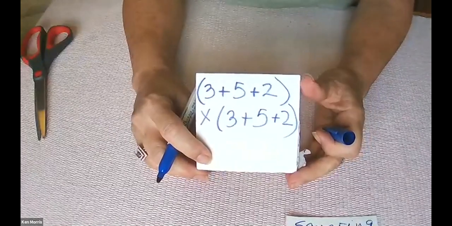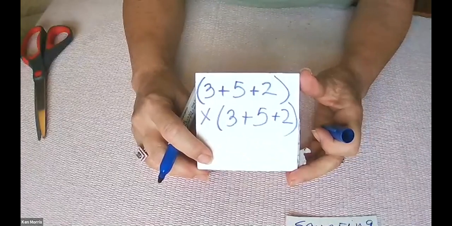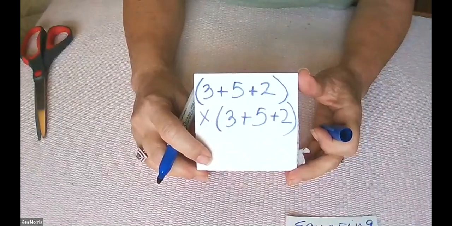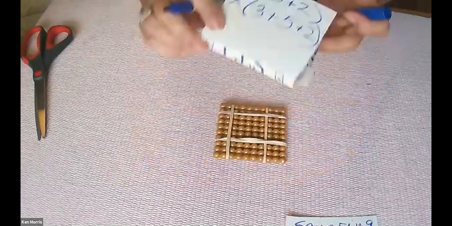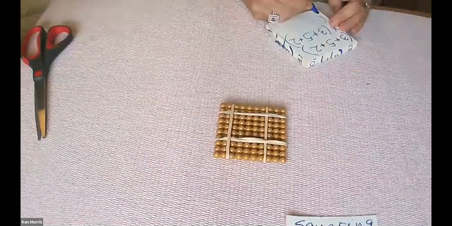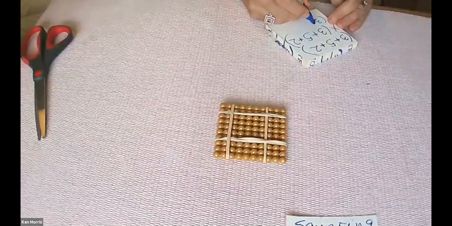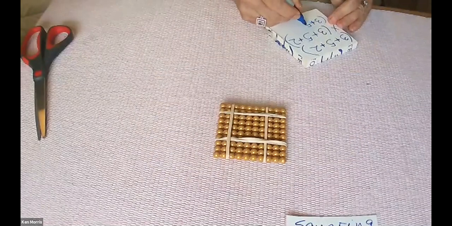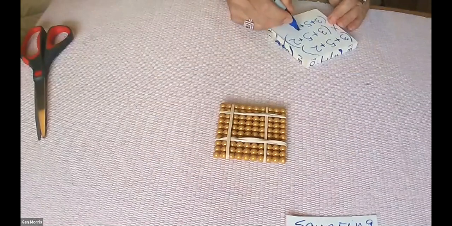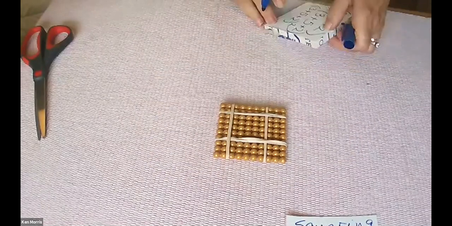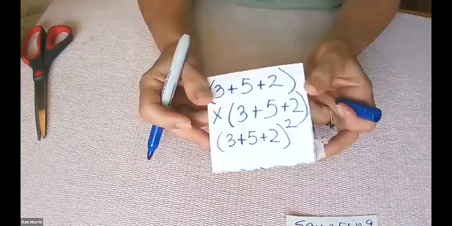Which of course I can rewrite as 3 plus 5 plus 2 squared. Here we go. 3 plus 5 plus 2 squared.